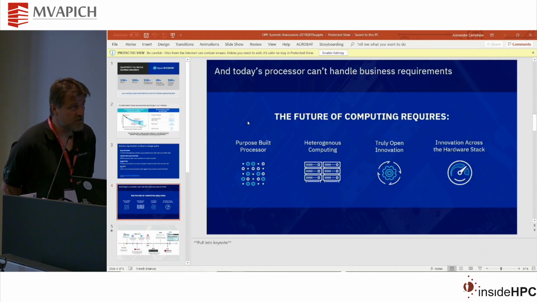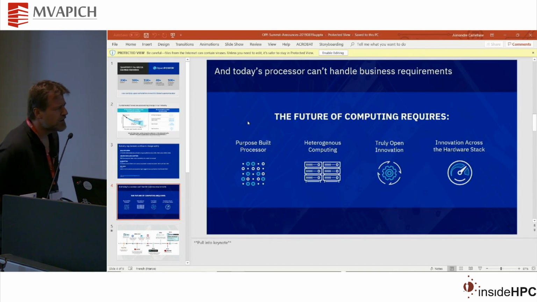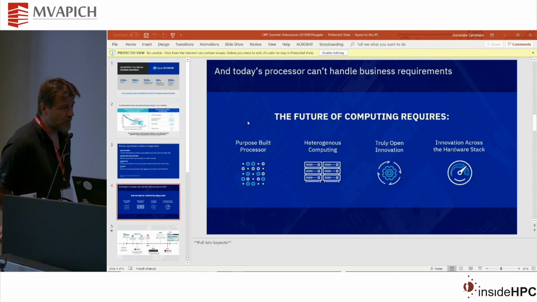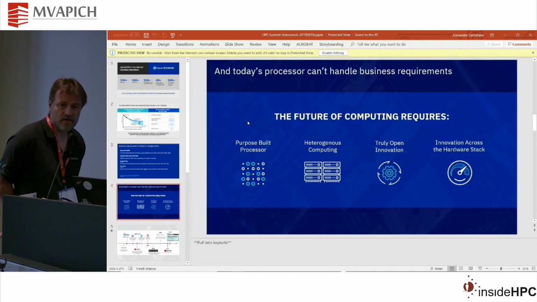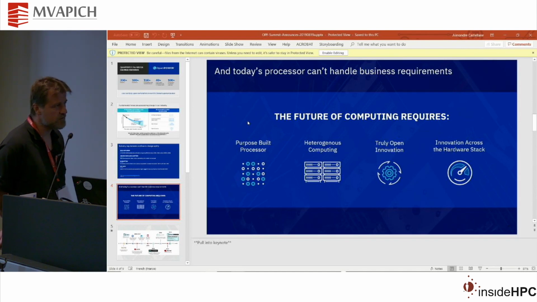There is a huge need for heterogeneous computing. We are assembling systems that are very heterogeneous. There is a huge need for open innovation, that is not an innovation that a company pushes by itself, but an innovation that is desired by the customers themselves and the users.